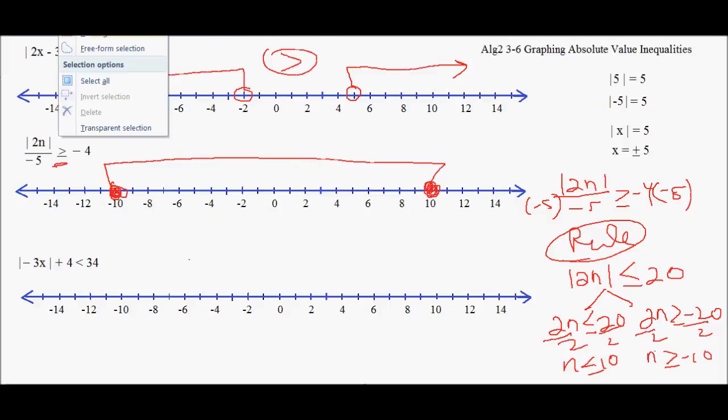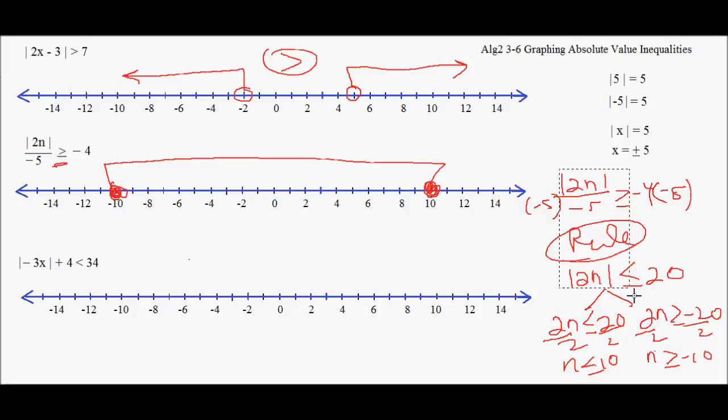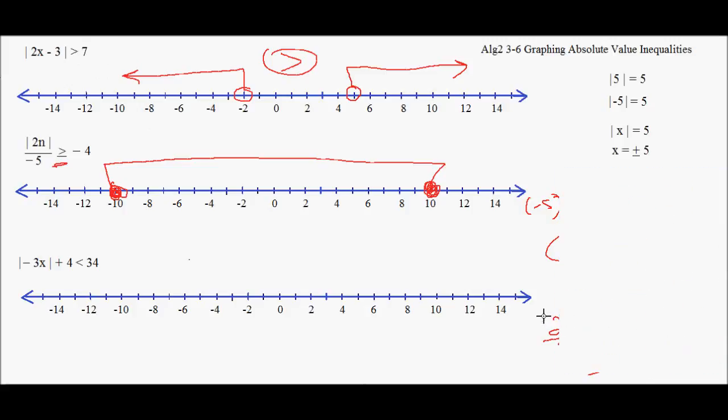Okay, so last one here. We have negative. Should I use a different color? Purple. Okay, so the absolute value of negative 3x plus 4 is less than 34.